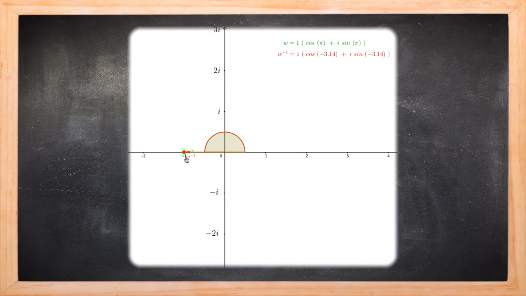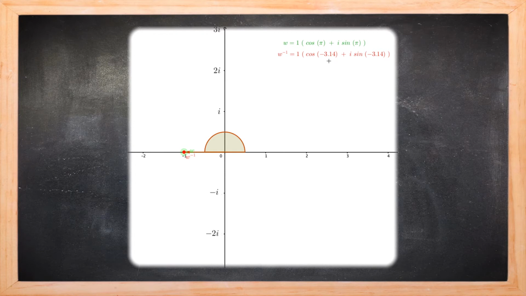Multiplicative inverse of negative 1 is negative 1, and therefore their arguments should be the same. And up in the calculations, this calculation has not detected that. It's showing us approximately negative pi. If we add 2 pi to that and adjust it to take it into the principal argument range, then we get pi, and they're equal.